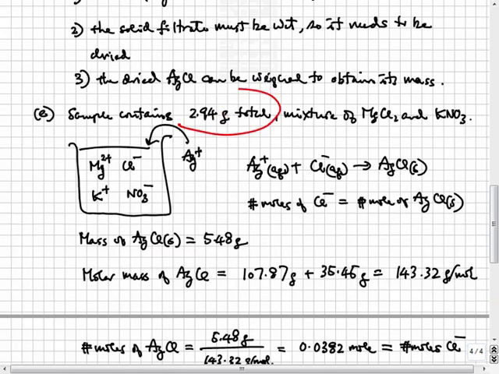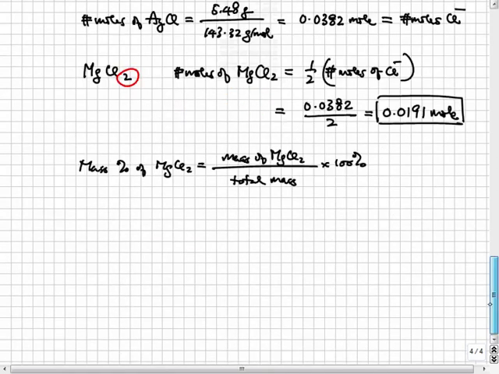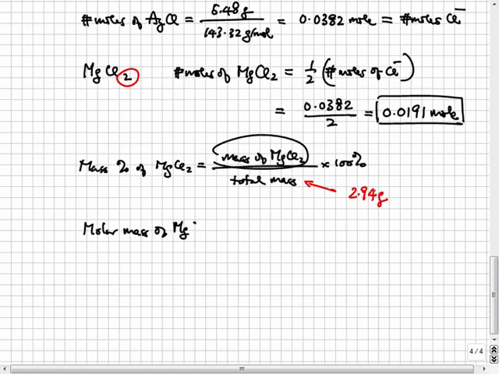The total mass is 2.94 grams. We need the mass of MgCl2. We already know its number of moles. If we multiply this by the molar mass of MgCl2, we should get its mass.